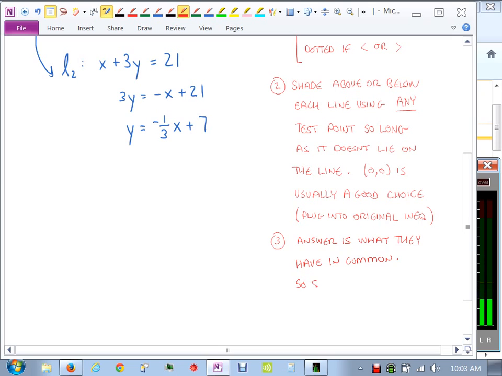So shade where they overlap. I should also point out where they all overlap. All of them, okay? All of them.